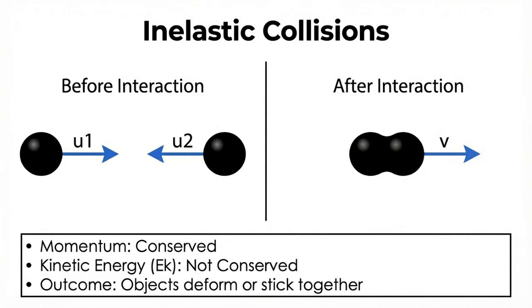As shown here, before the collision, the two objects move toward each other with initial velocities u1 and u2, but after the collision, they stick together and move with a common velocity, v. This sticking together or deformation is what distinguishes inelastic collisions from elastic ones, where objects rebound without permanent change. So, while the momentum stays constant throughout, kinetic energy decreases due to the change in the objects themselves.